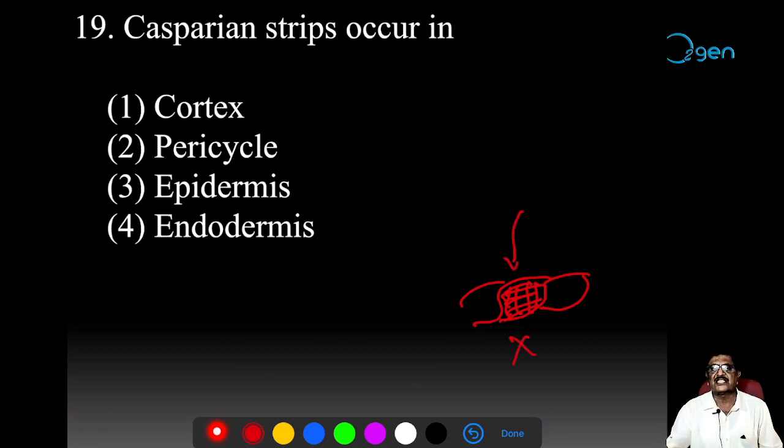So Casparian strips occur in the endodermis. Option A cortex, option B pericycle, option C epidermis, option D endodermis. Here option D is correct. Casparian strips occur particularly in dicot root.